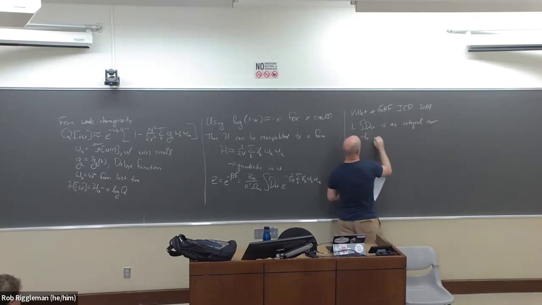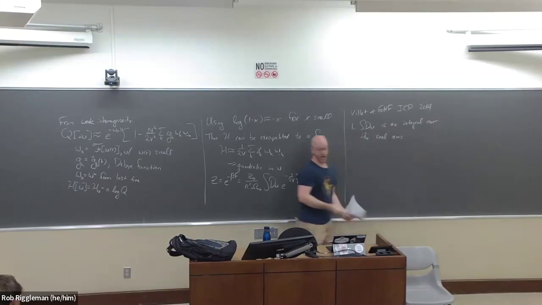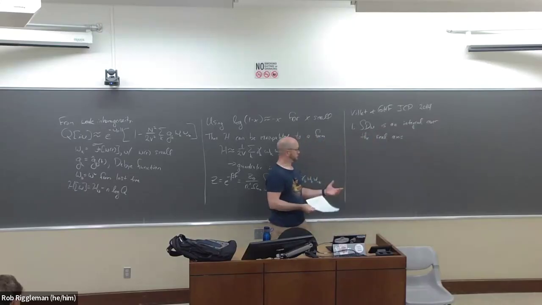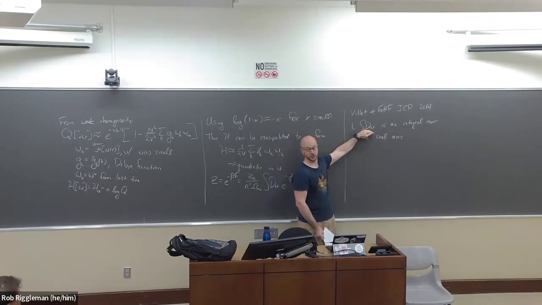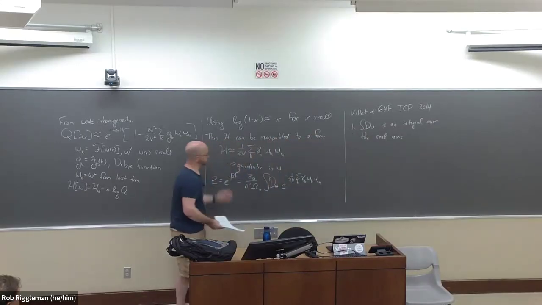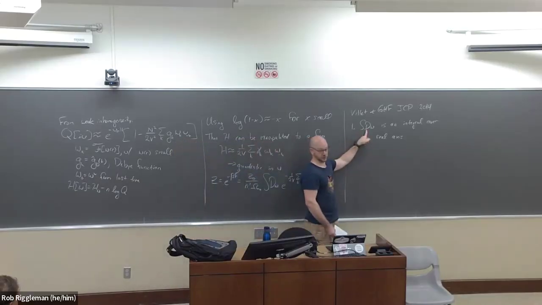The analogy that I would make, and I think I've made this analogy a couple of times, is that when we do the Hubbard-Stratonovich transformation to introduce this field, we make an analogy with Fourier transforms. That was the original analogy we worked with to justify this Gaussian integral. If you think about the inverse Fourier transform, where you integrate over k, that's sort of what this integral over w is.